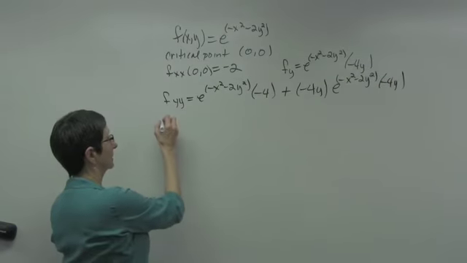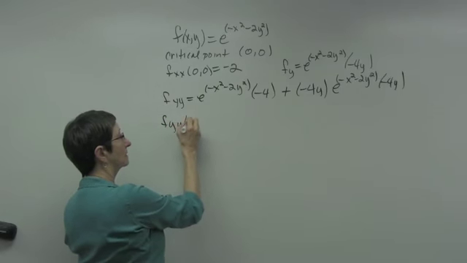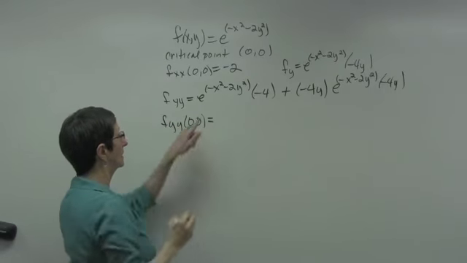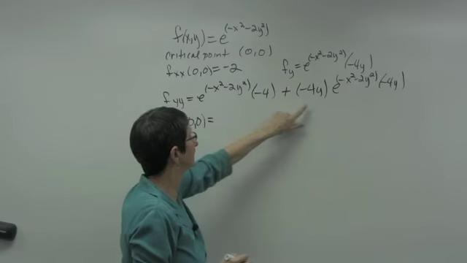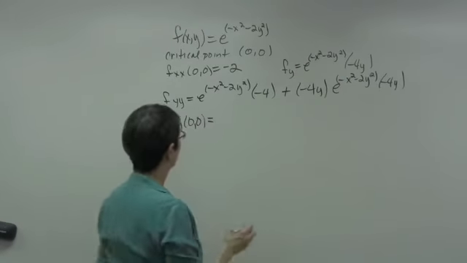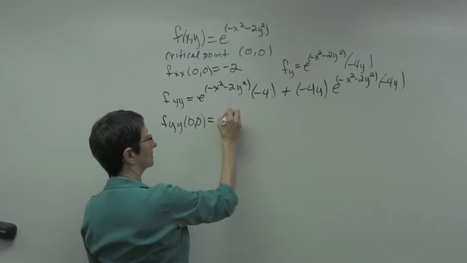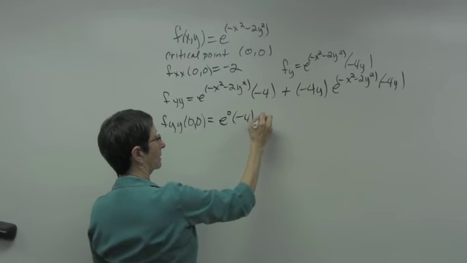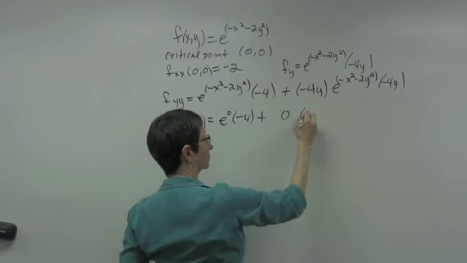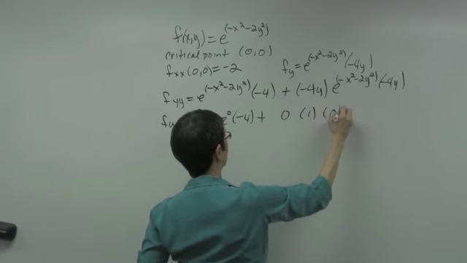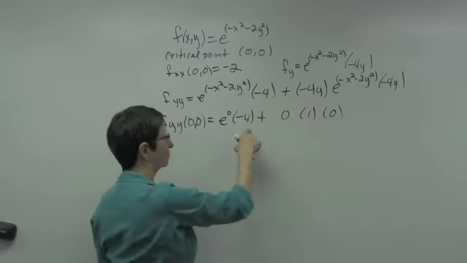And I can substitute in. I did first times derivative of the second, which is with respect to y, plus second times derivative of the first. e to the 0 times negative 4 plus 0, e to the 0 is 1 times 0, makes this one equal to negative 4.